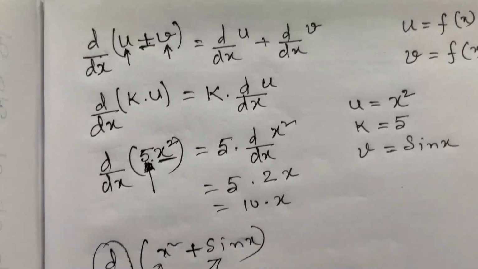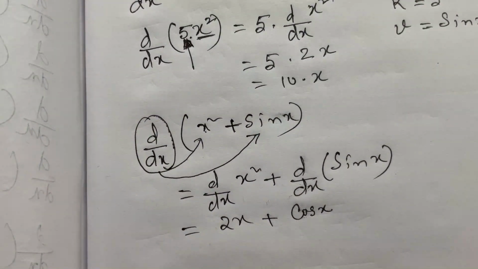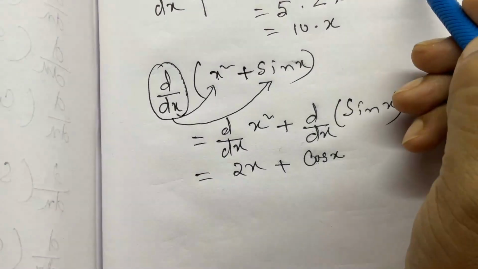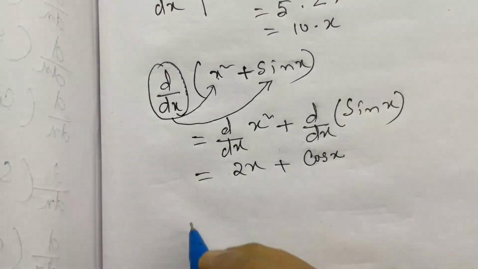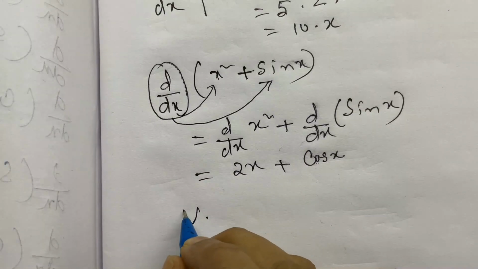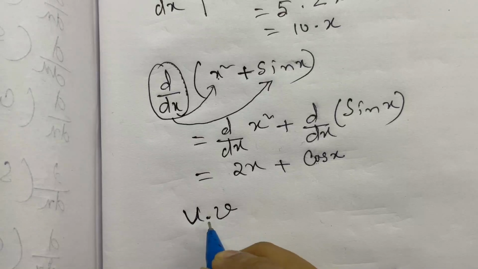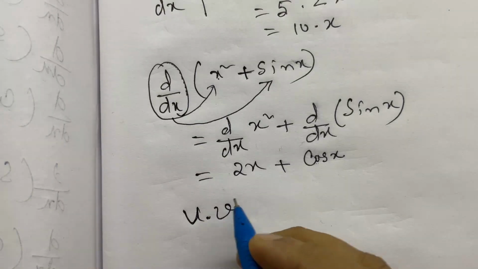Okay, so that's these two formulas. Now we'll move to the next one, which is a little different. This is u and this is v, and their relation is now a product. What does it mean?